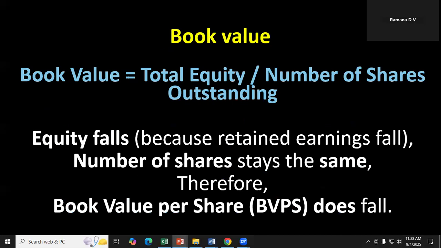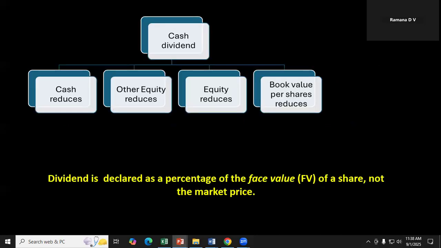Now, distribution of cash dividend leads to a reduction in cash because there's a cash outflow. Because the dividend is from the free reserves, the other equity reduces. Because the other equity reduces, the total equity of the firm falls.